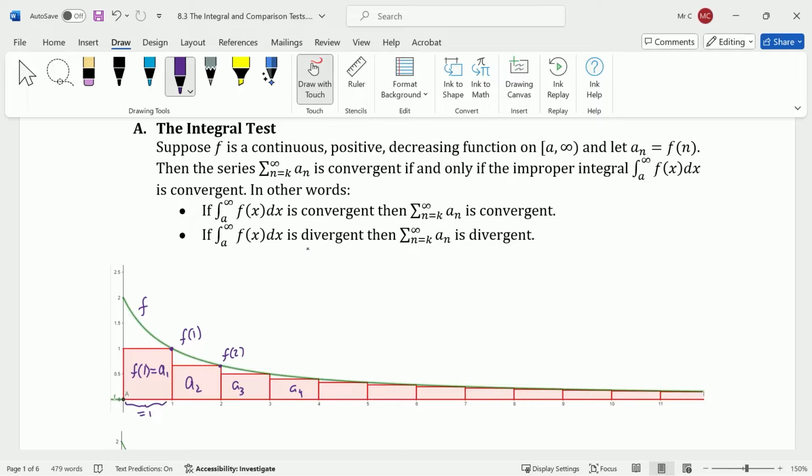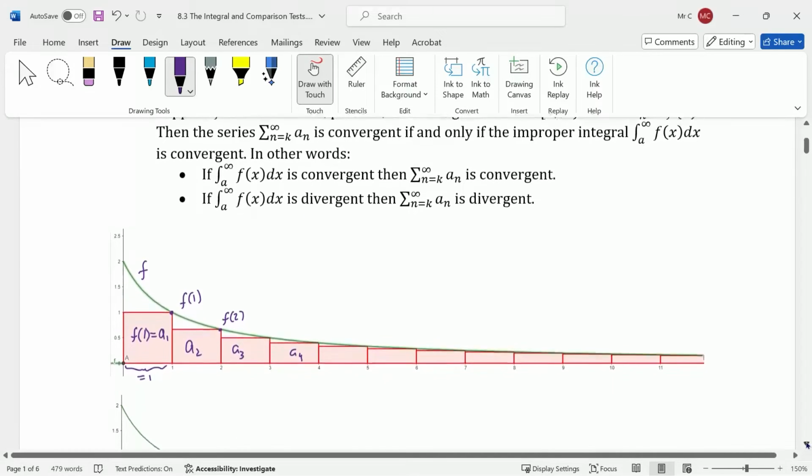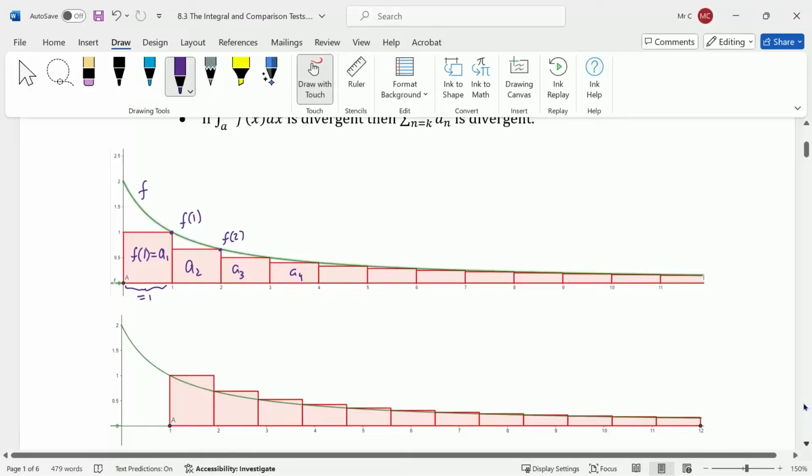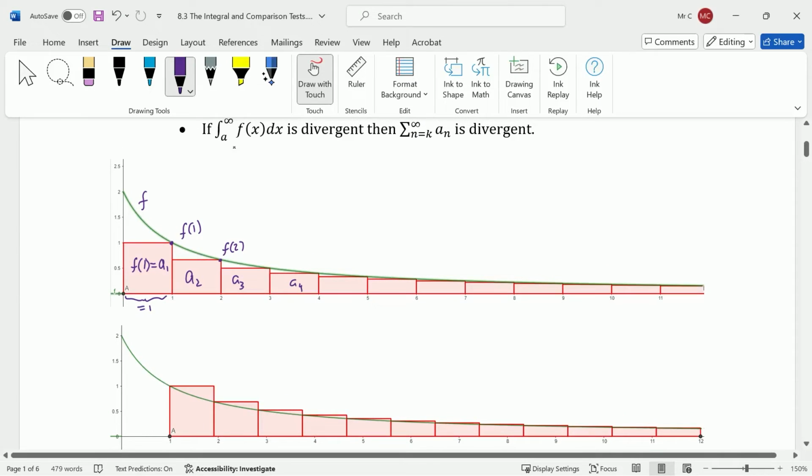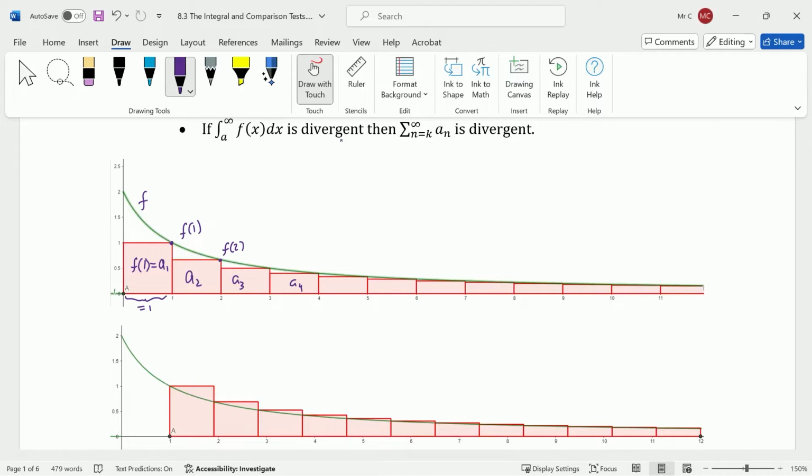Now, for the second expression, we need a slightly different picture. Here, we start with the assumption that the integral is divergent. Again, remember, we're starting with the assumption that the integral is convergent or divergent, and then we're placing our rectangles for our series based on that.